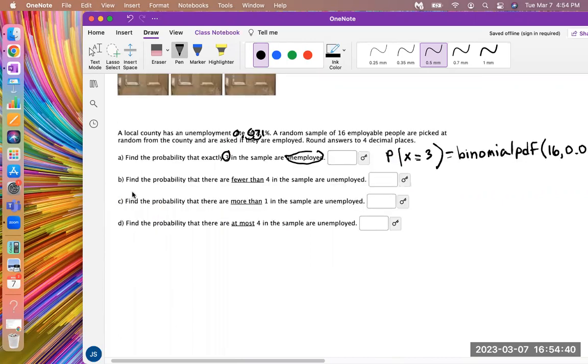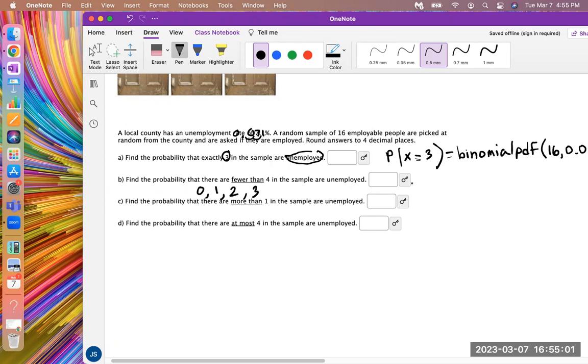Okay, the second one is find the probability there are fewer than 4. Fewer than 4 people that are unemployed would mean either 0 people unemployed, 1 person unemployed, 2 people, or 3. Those are the values that are fewer than 4.